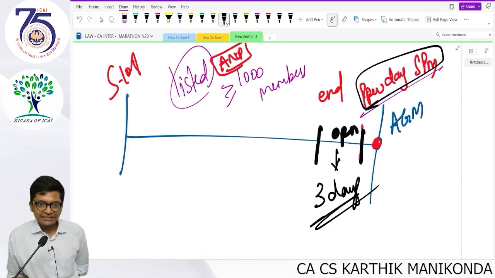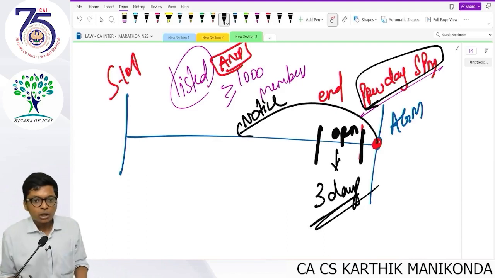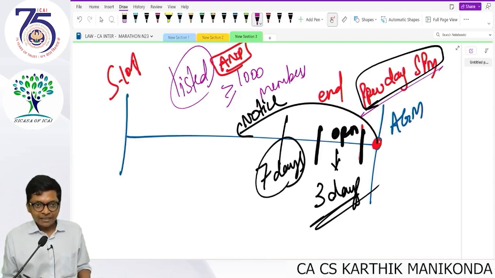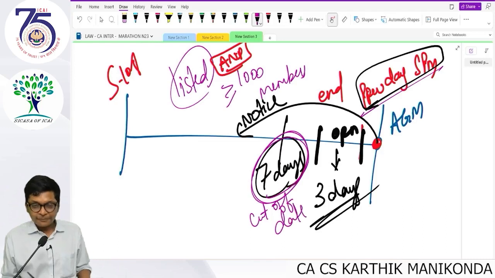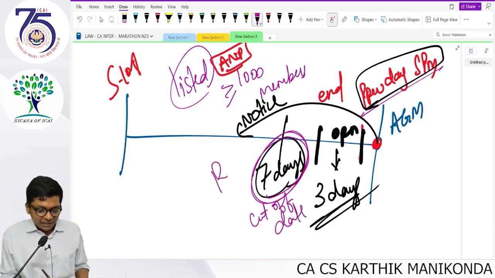Are you following, guys? Then you have to send the details of electronic voting along with the notice of AGM, and 7 days before the AGM, what should happen? Cut-off date, 7 days before the AGM, cut-off date to register for the voting.